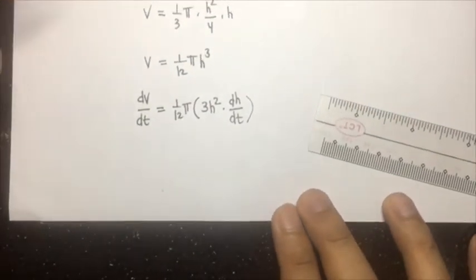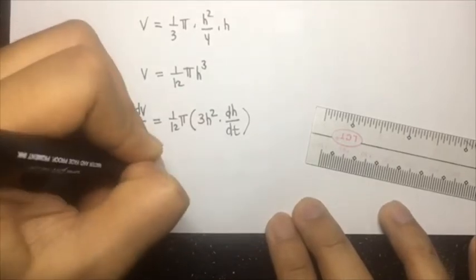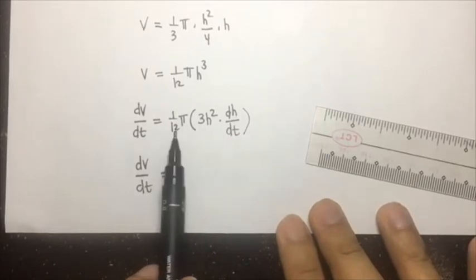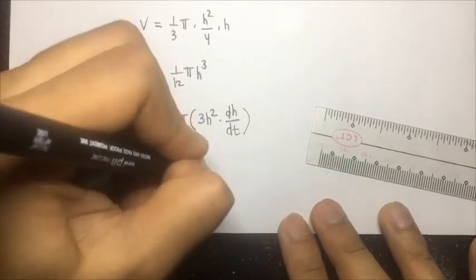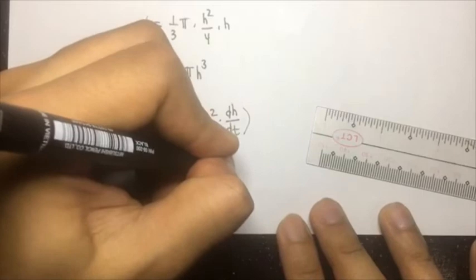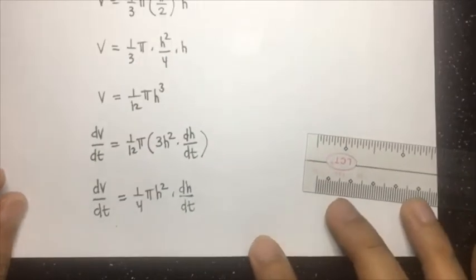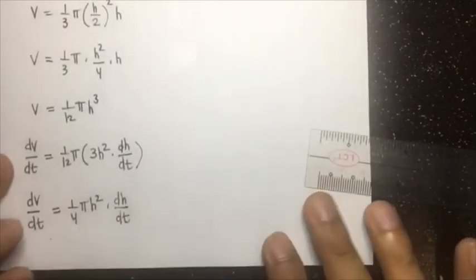Okay, and then simplifying, dV over dt is equal to 1/4 pi h squared times dh over dt. So since we are solving for dh over dt, we can divide both sides by 1/4 pi h squared.